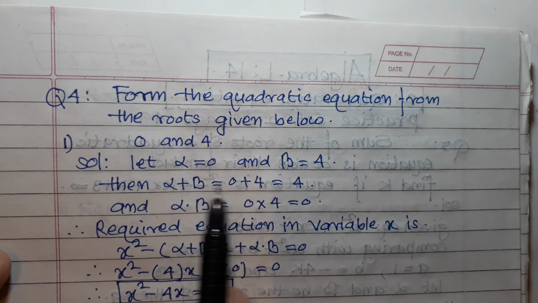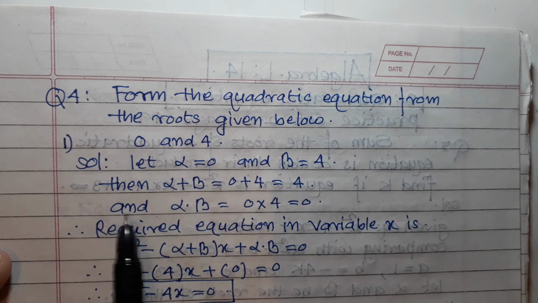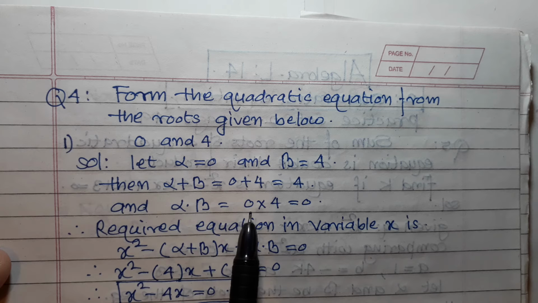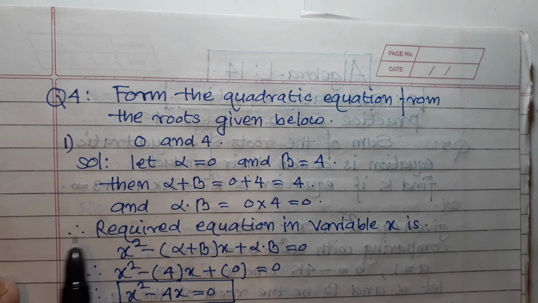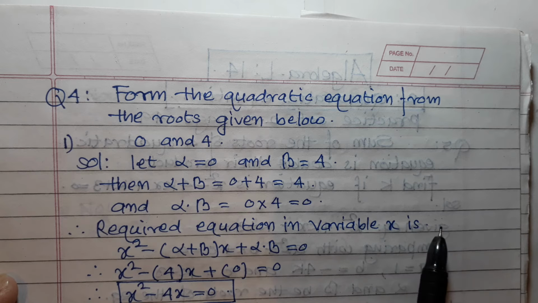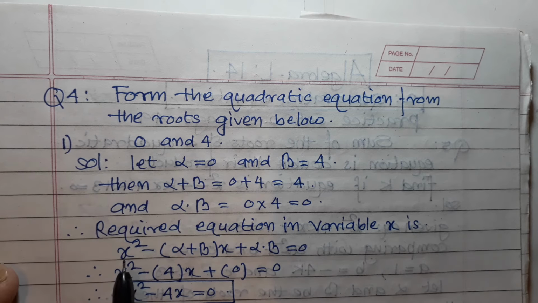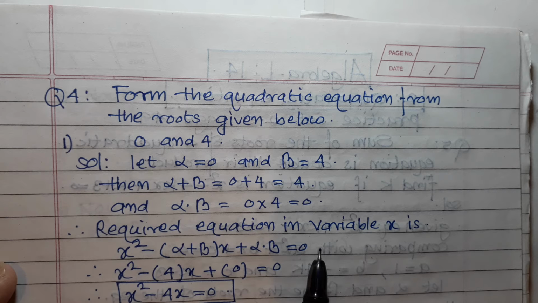So alpha plus beta is equal to 0 plus 4 is equal to 4, and alpha into beta is equal to 0 into 4 is equal to 0, and therefore the required equation in variable x is x square minus alpha plus beta, close that bracket, x plus alpha into beta is equal to 0.